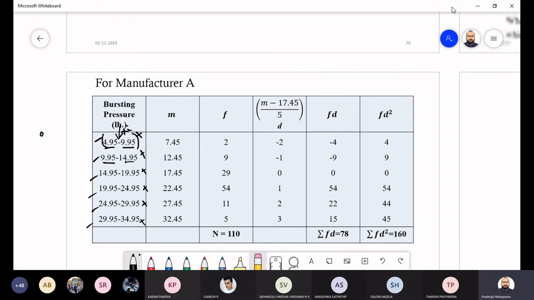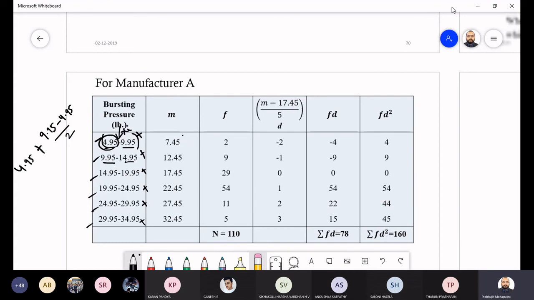So the middle point is 9.95 minus 4.95 divided by 2, then you add that. So what is the difference? Average of the difference. Then you add it with 4.95, and you'll find 7.45. What is 9.95 minus 4.95? 9 minus 4, so 5.